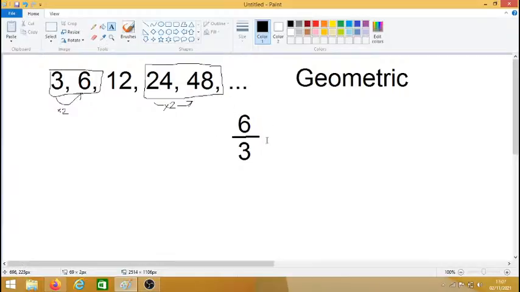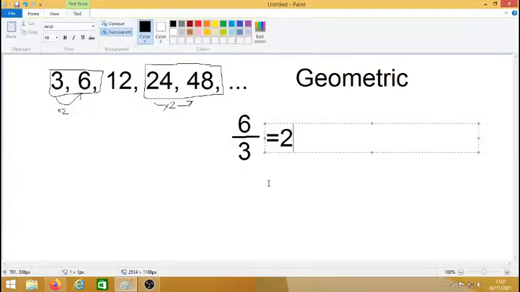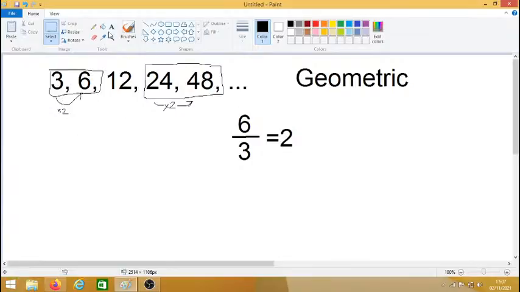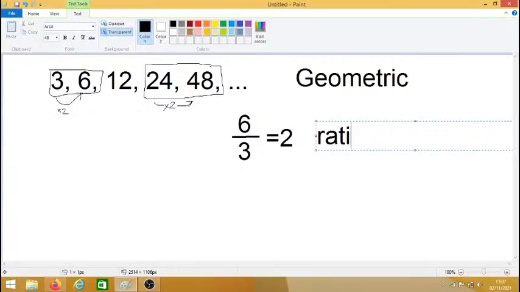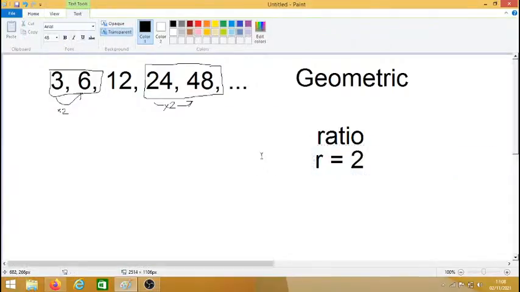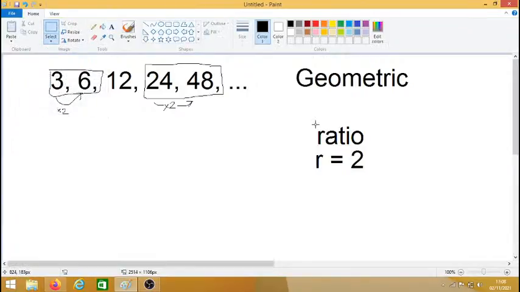So the answer that you get, 6 divided by 3 of 2, it's called a multiplier when you're thinking of it, but it's also called a ratio because it's the ratio of the second number compared to the first number. So with this topic, it's the word ratio that gets used. So the 2 gets called a ratio and r is just for short. So the ratio from one number to the next number is 2, also called the multiplier.